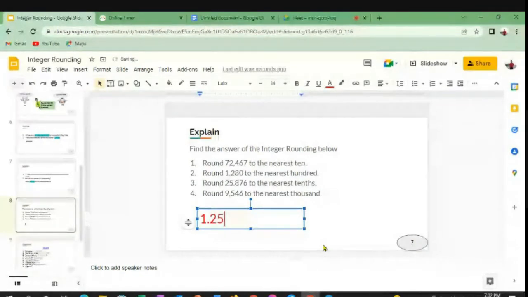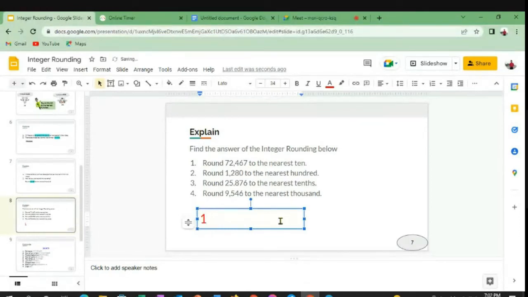1.25, like this. Divide it into 25 and 25, yes. It's called an integer number, teacher. 1.2, yeah.